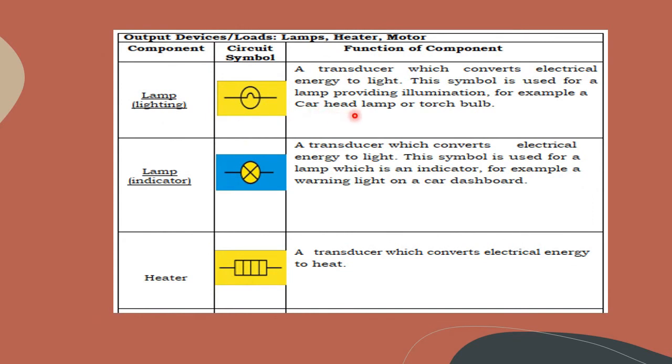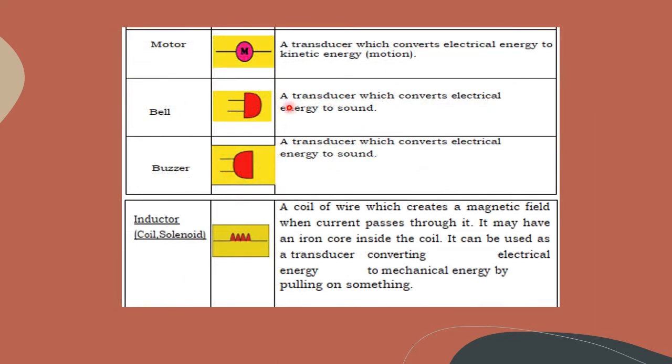How about output devices or loads like lamps, heater, and motor? We have here the lamp, another for lamp indicator, and the heater. The motor, bell, buzzer, inductor.